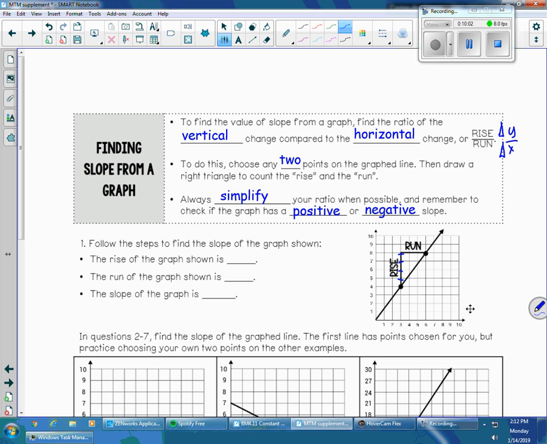So my rise is 4, and then I turn the corner and my run is 1, 2, 3. So my slope of the graph is going to be 4 over 3, or 4/3. Now, I could make this into a mixed number, but when I'm counting slope, it's easier to leave it as an improper fraction because I know I'm going up 4 units and then to the right 3 units.